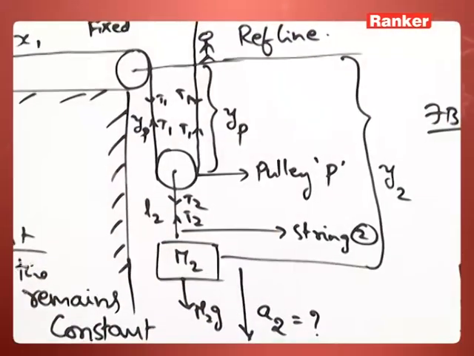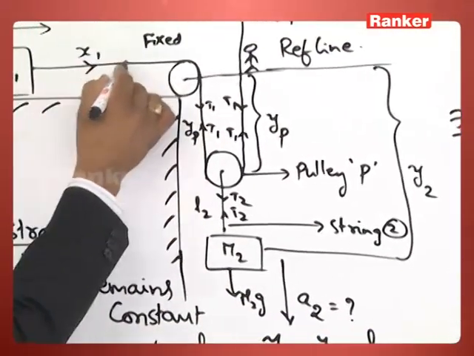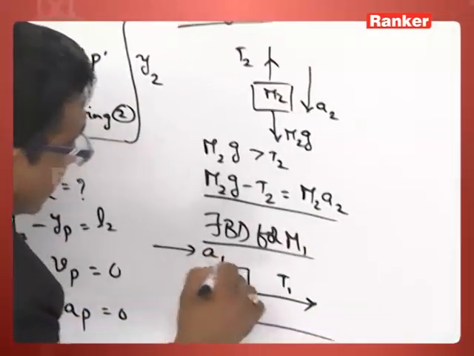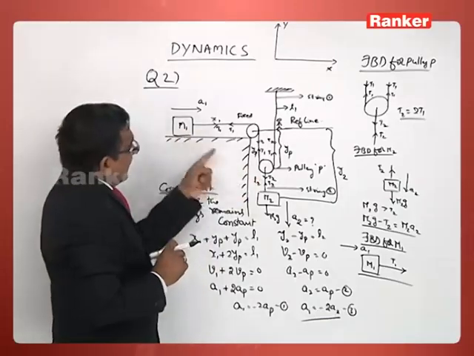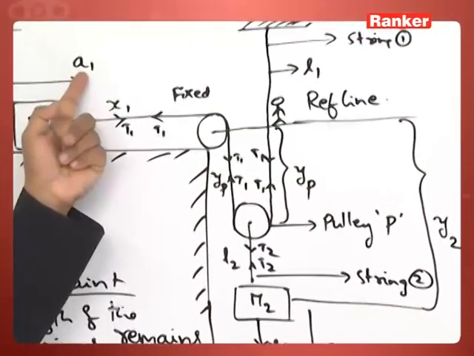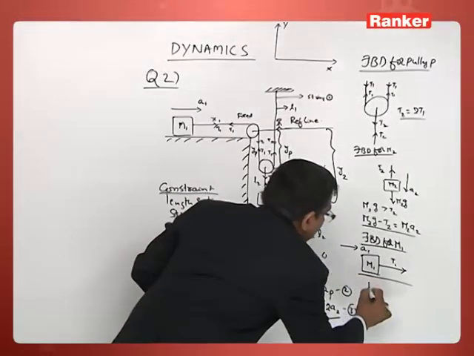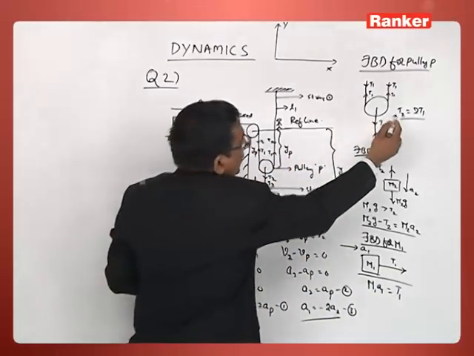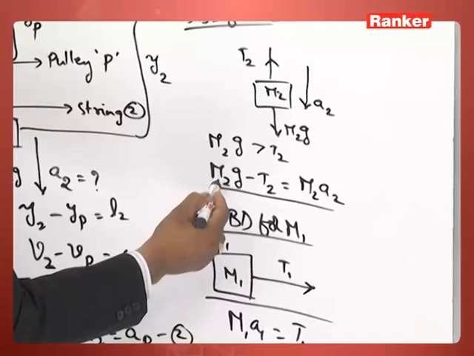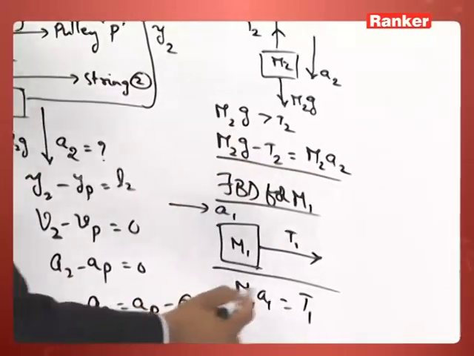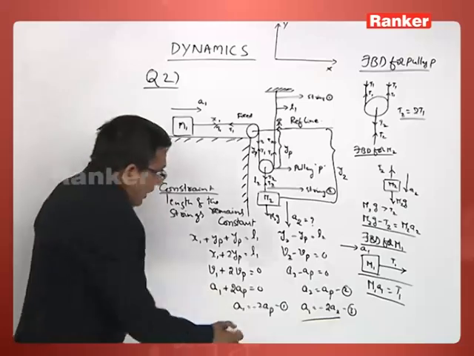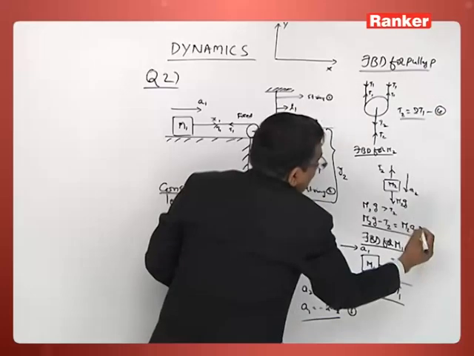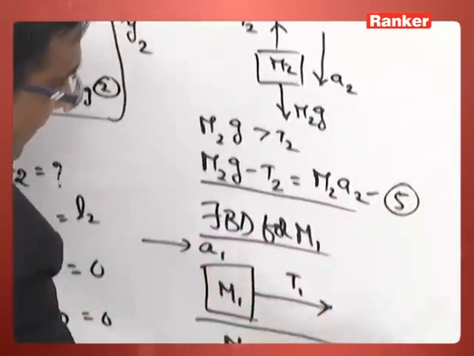That is why I am showing you separately. Now the same tension will act like this, T1 and T1, and because two strings are there, the accelerations of the two bodies will be different. As we already said, the acceleration is A1, so we can write m1 a1 is equal to t1. So you have different equations: t2 is equal to 2t1, m2g minus t2 is equal to m2a2, m1 a1 is equal to t1, and you have this equation a1 is minus 2a2. So if you say this is equation 4, this is equation 5 and this is equation 6.